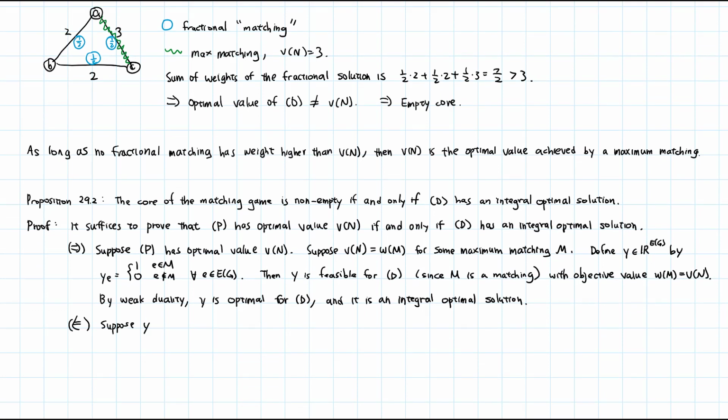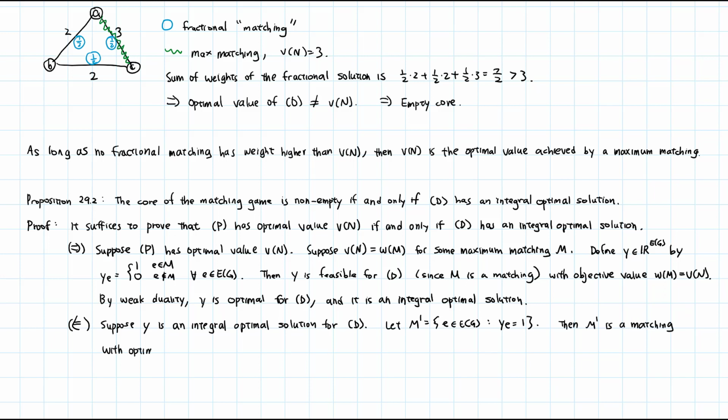Conversely, suppose Y is an integral optimal solution for D. Recall that the Y values have to be 0 or 1. So let M prime be the set of edges E where YE is equal to 1. Then M prime is a matching with objective value W of M prime.